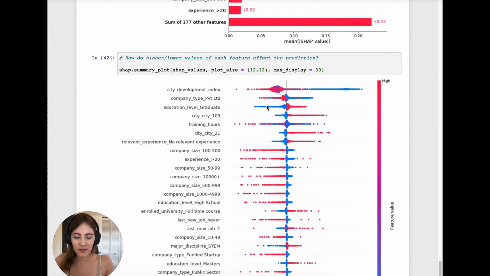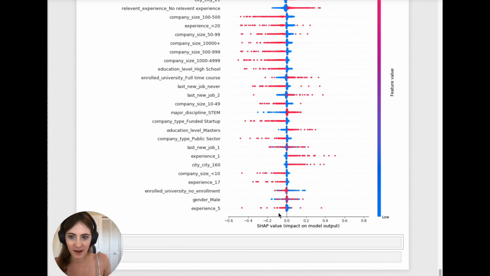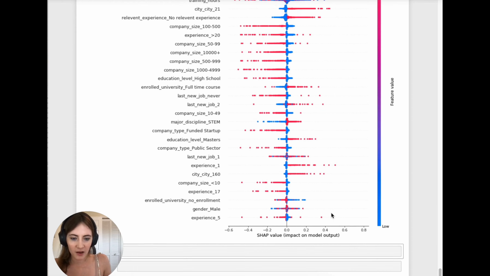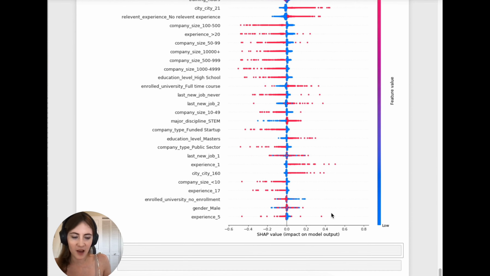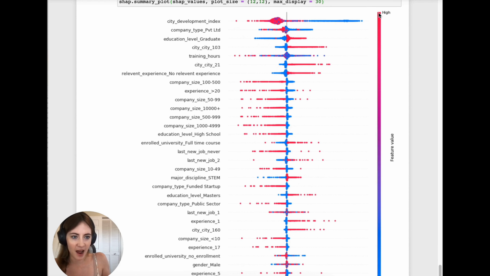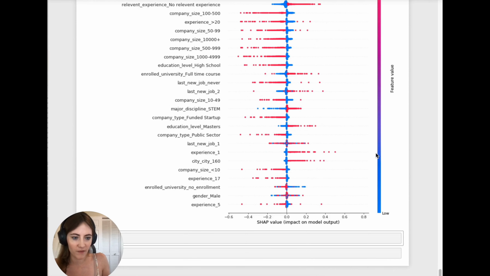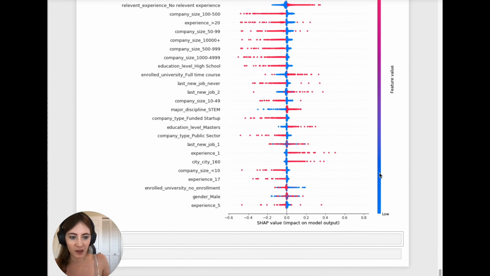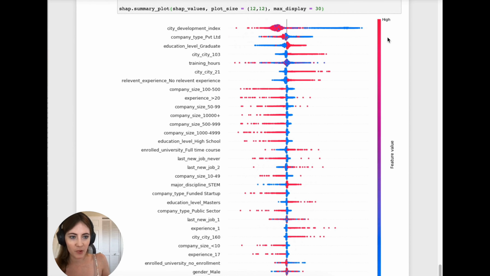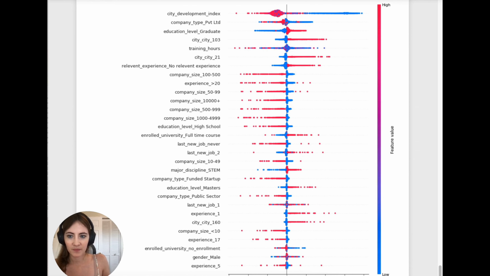Okay, so all the little dots that you're seeing on this plot represent a single observation, a single data point from our data set. The horizontal axis down here represents the SHAP value, while the color of the point shows us if the observation has a higher or a lower value. So those blue points are lower values and the red points are higher values.